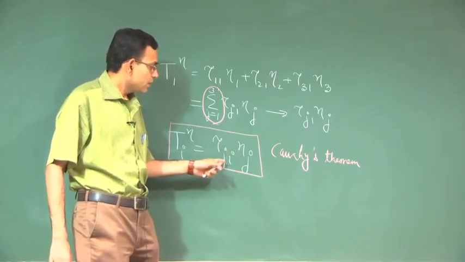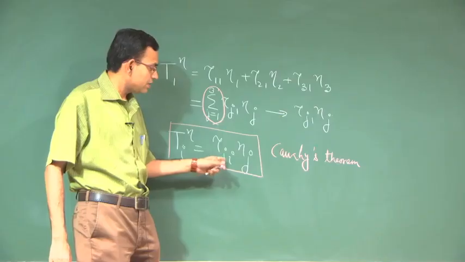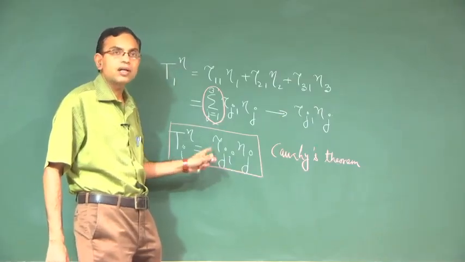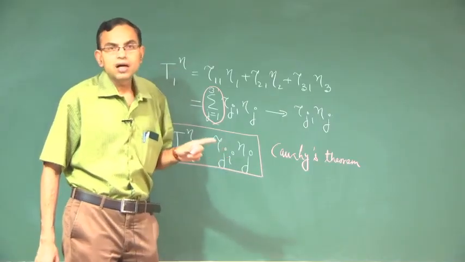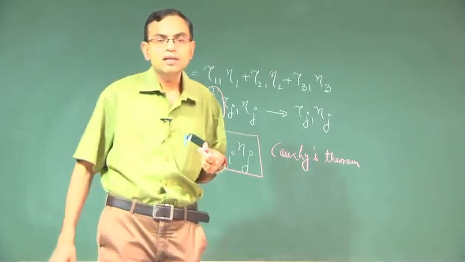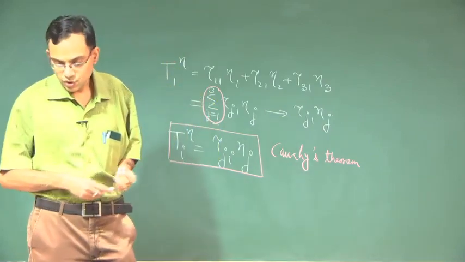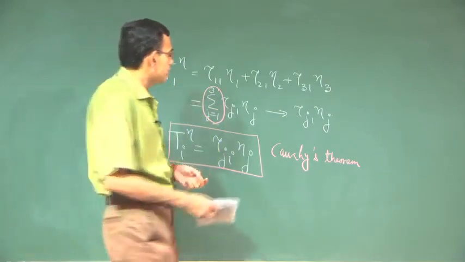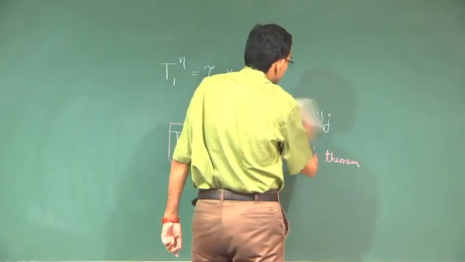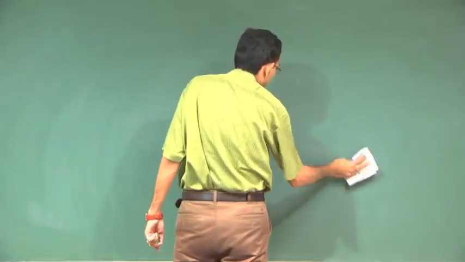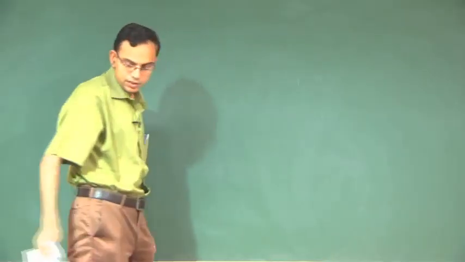Here i is from 1 to 3, j is from 1 to 3, so there are a total of 9 components, but we will find that out of those, 6 will be independent and not all 9. To bring that out, we will briefly have an angular momentum consideration.